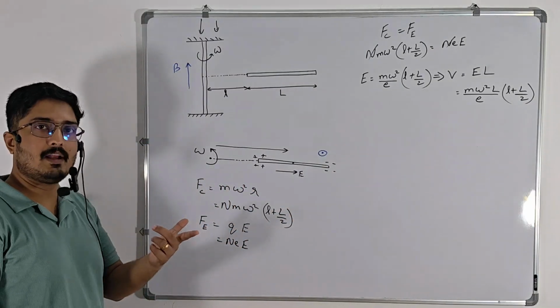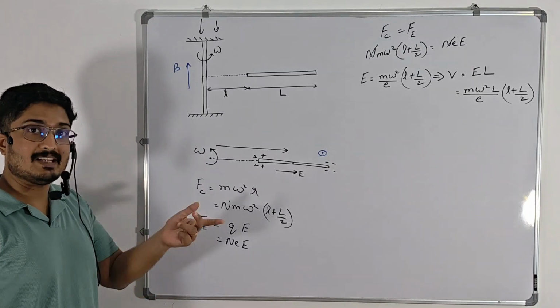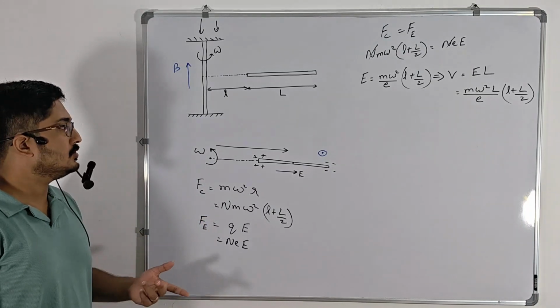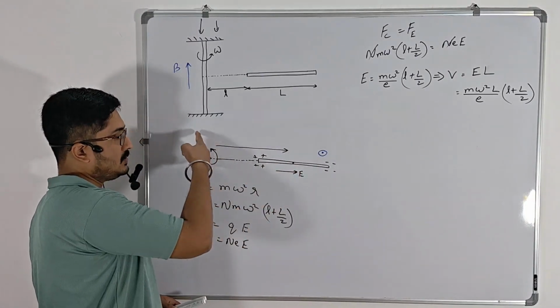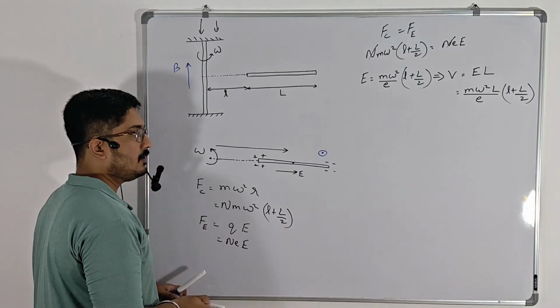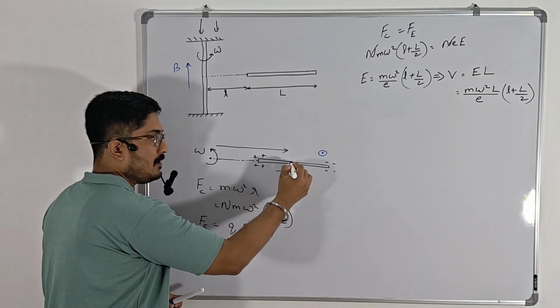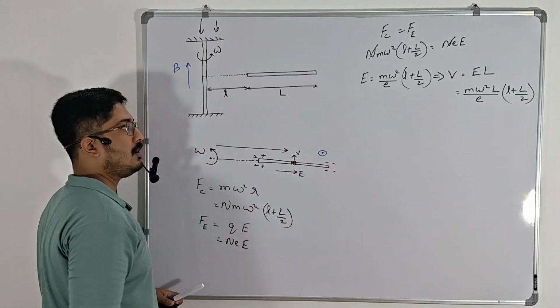So I use Fleming's left hand rule to find out the direction of the plus and minus induction. Say the rod is rotating like this, so omega is in this way. Therefore if I take a small section here, it would have a velocity like this.